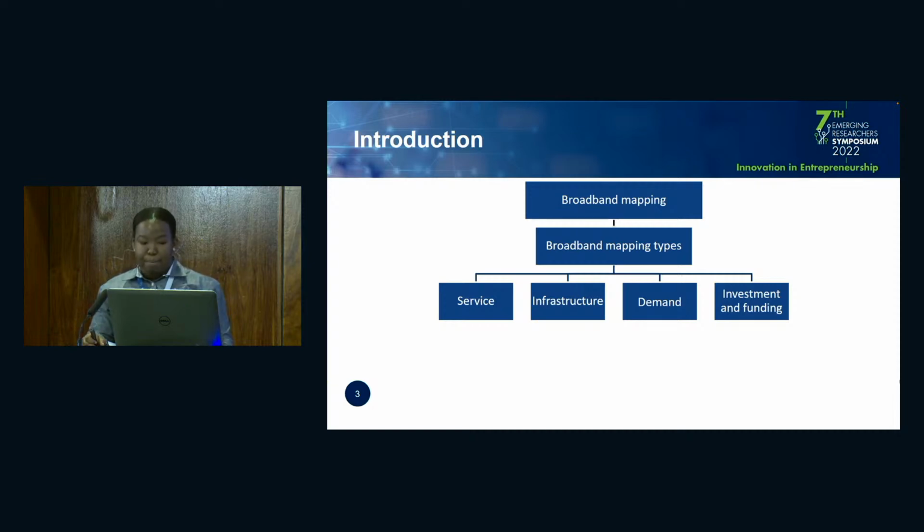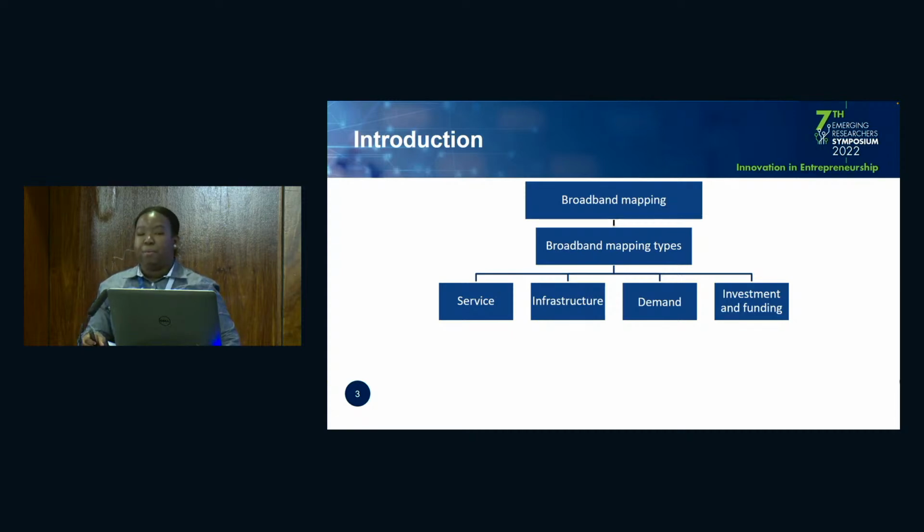So service mapping presents the service providers in an area, including the available bandwidth and the quality of the service provided. Infrastructure mapping shows you the detailed broadband infrastructure in an area, and it also shows you infrastructure that can be used to host broadband networks.